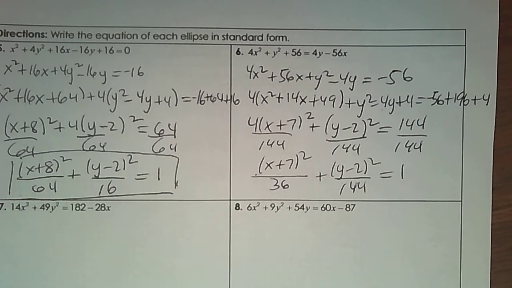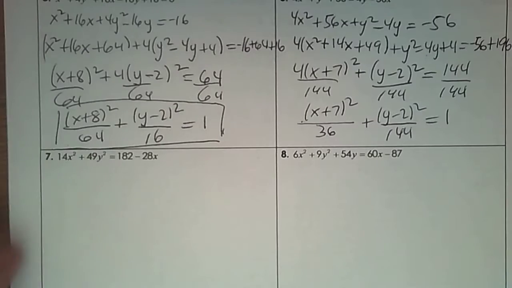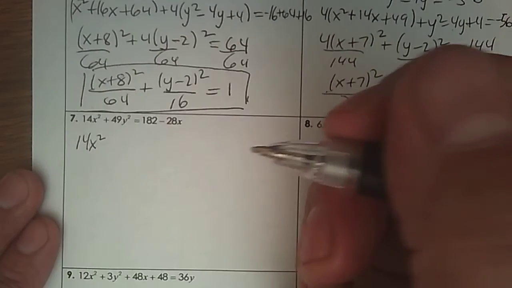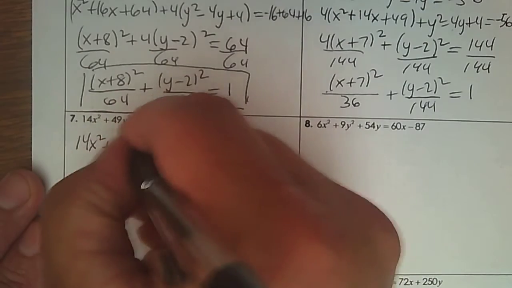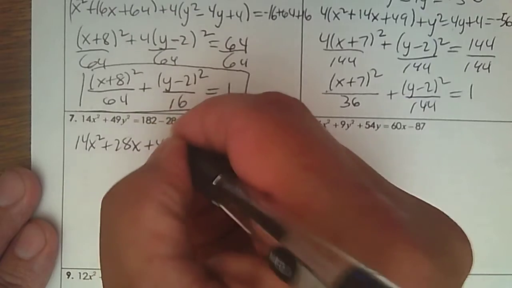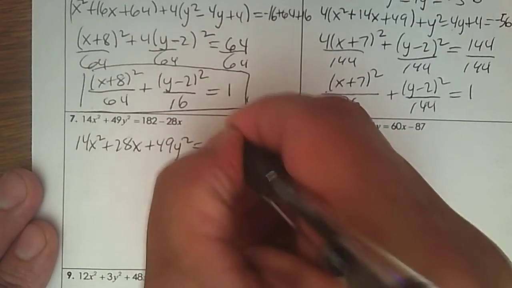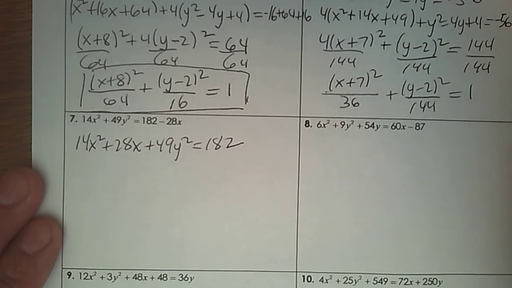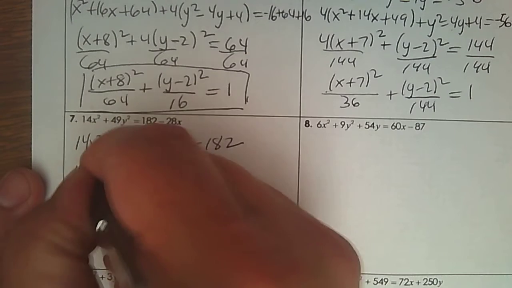And then just write the rest down. Number 7. Here we go. We have 14x squared, so combine those together. Factor out the 14.